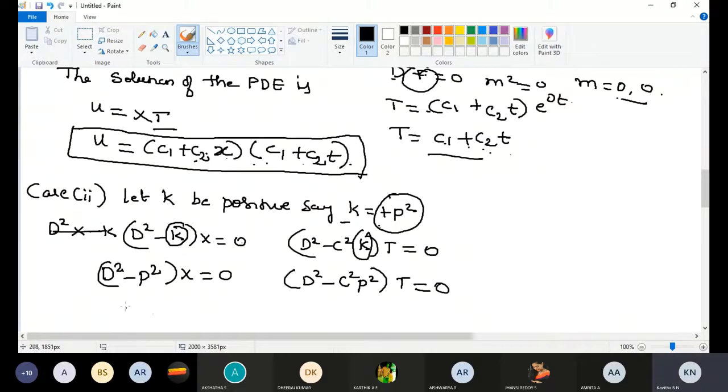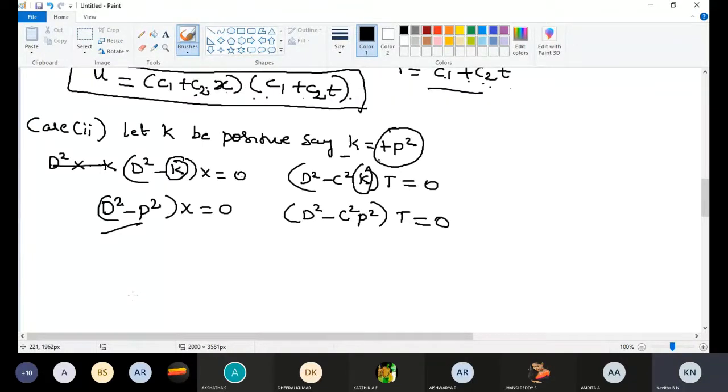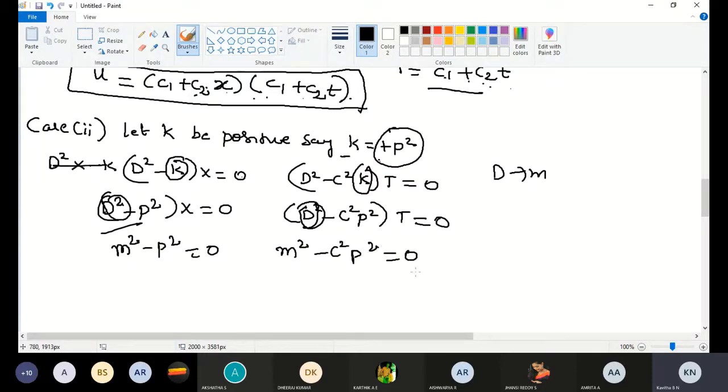The next step, we need to find the solution here. Then write the auxiliary equation. The auxiliary equation is nothing but, in place of D we have to substitute m. Here D square is there, so m square minus p square is equal to 0. And m square minus c square p square is equal to 0.